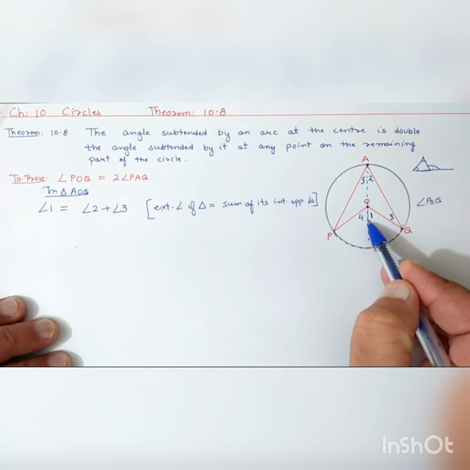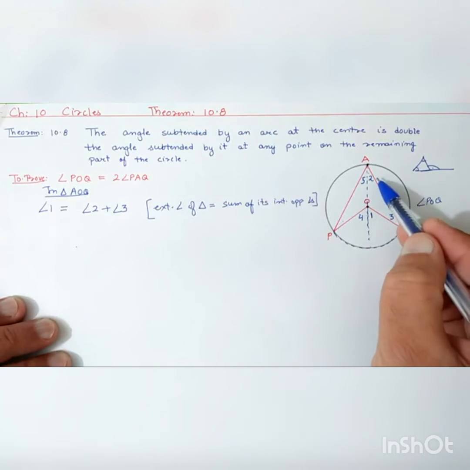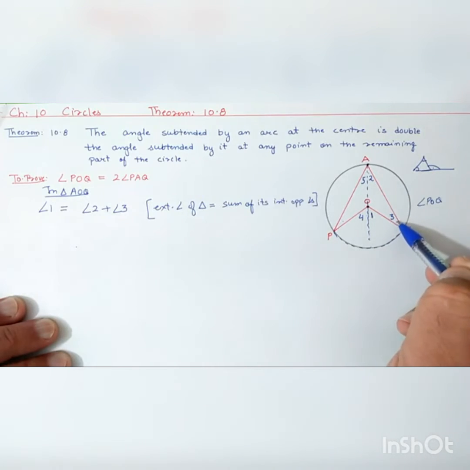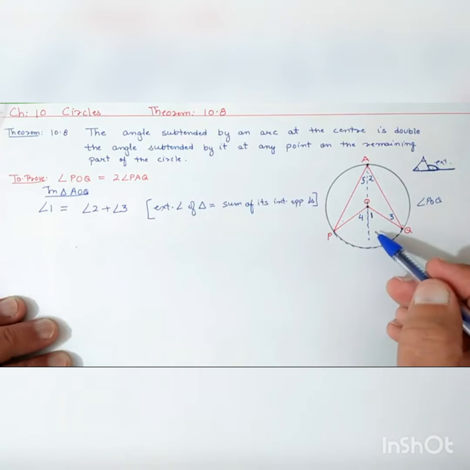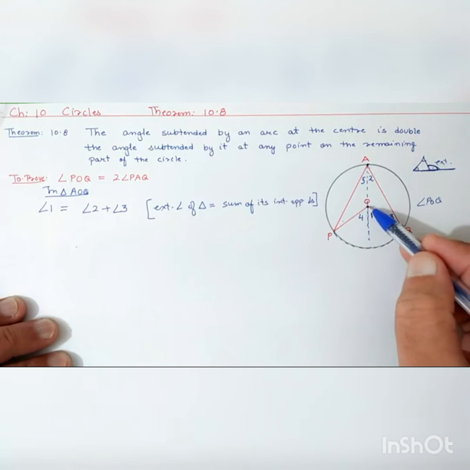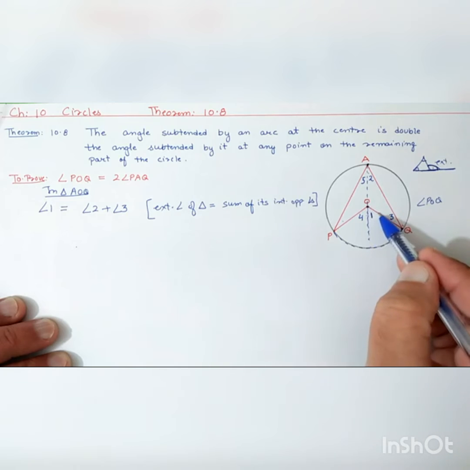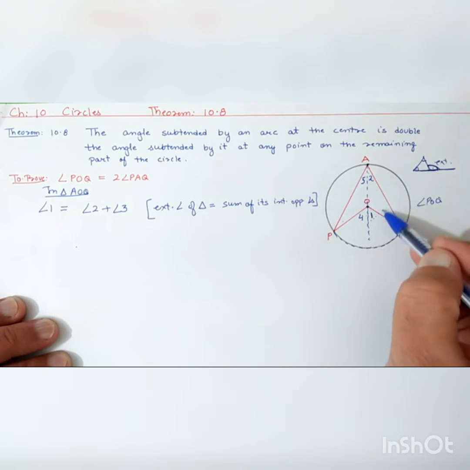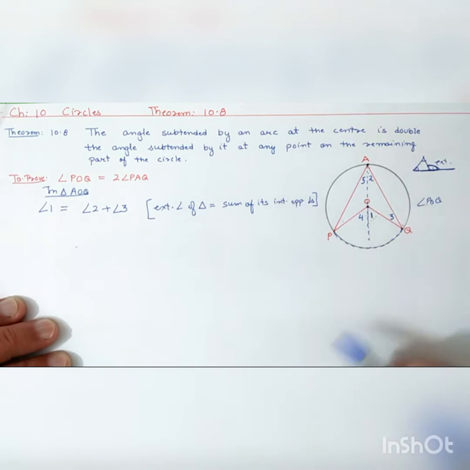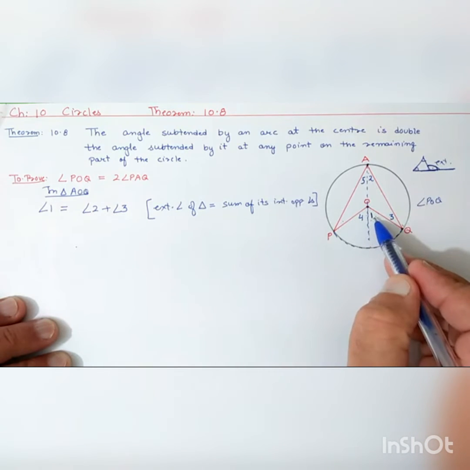Now we have got a figure, angle POQ, angle PAQ, and we have to prove POQ equal to 2 times angle PAQ. We have got two triangles here, triangle AOQ and triangle AOP. Now in triangle AOQ, angle 1 is equal to angle 2 plus angle 3. Why?